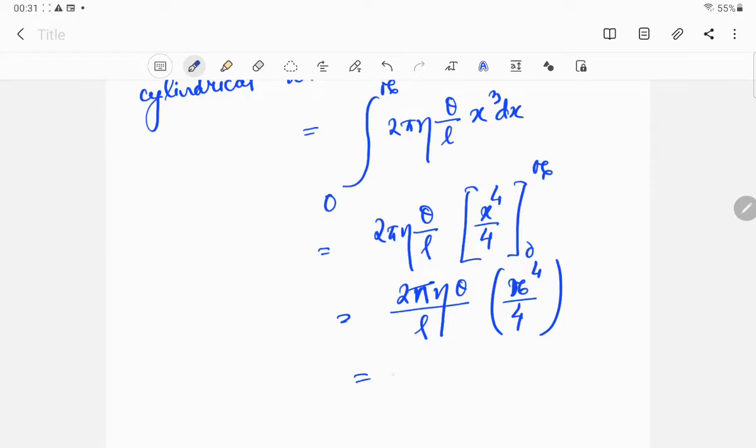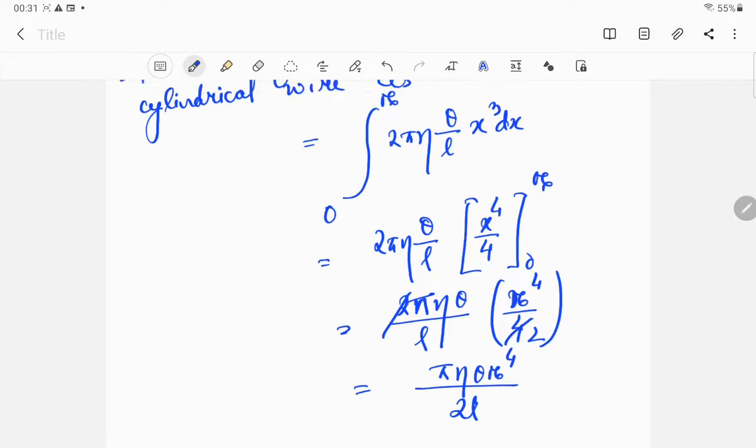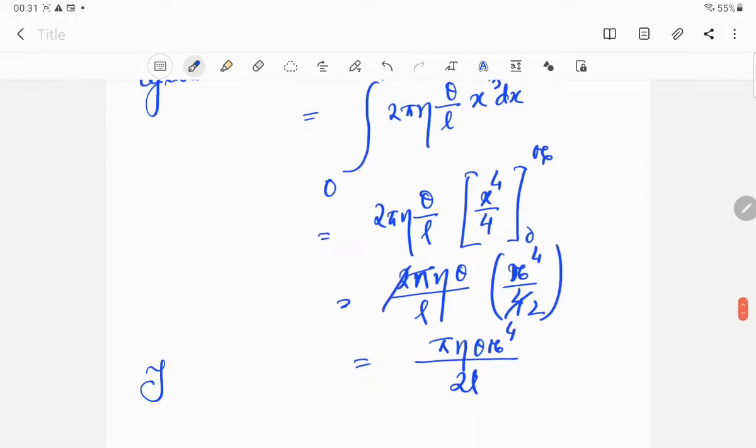Therefore the 2 gets cancelled, and we get pi eta theta r to the power 4 by 2L. This is called the twisting couple. This couple of force is nothing but the twisting couple.